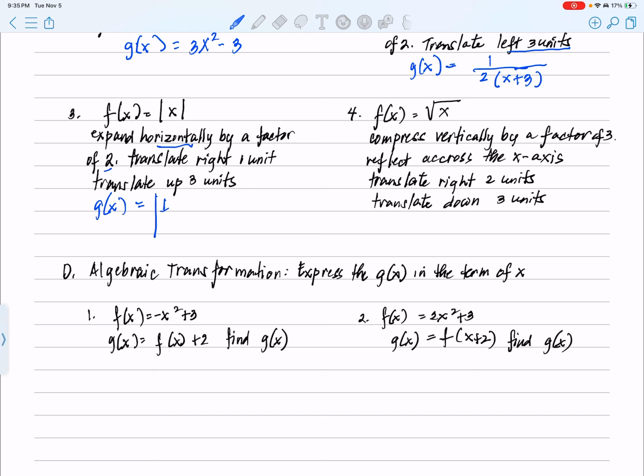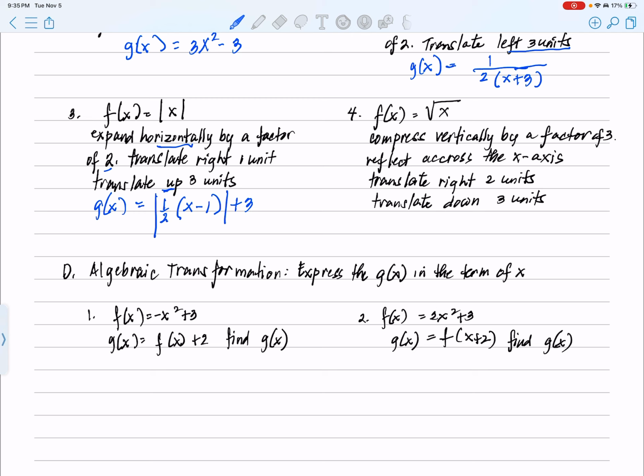That's the stretch, horizontal stretch, by a factor of 2, and translate right 1 unit. So right 1 unit, that means the x is minus 1 because it's to the right. Then translate up 3 units. So that means plus 3, vertically translated.